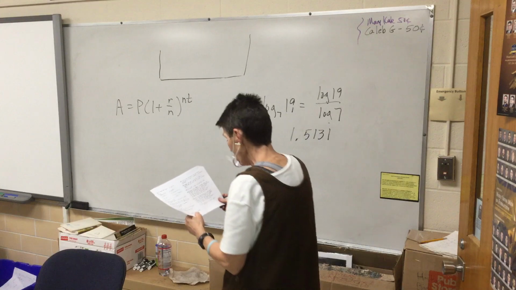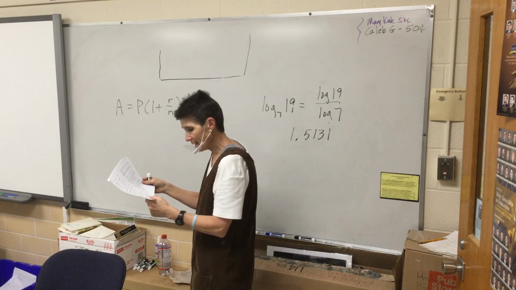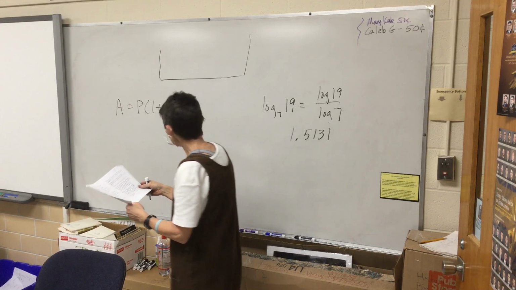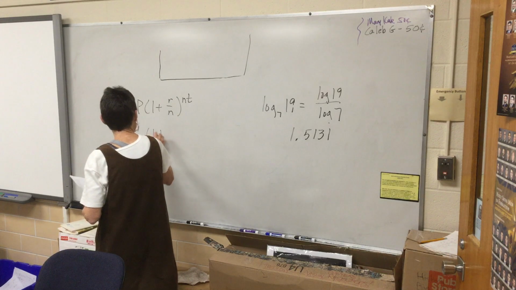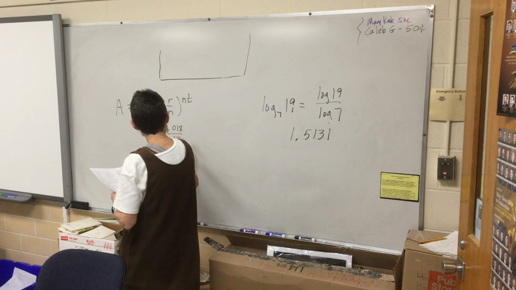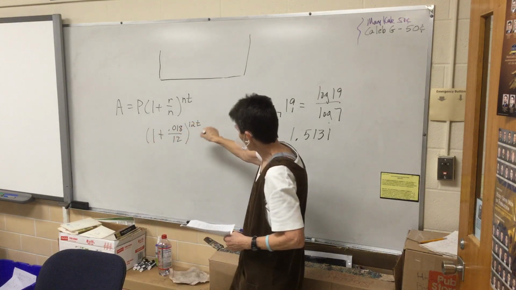So it says, how long will it take? So I'm going to look for T. To triple an investment if the interest is 0.018 compounded monthly. So this part of my formula I have figured out.